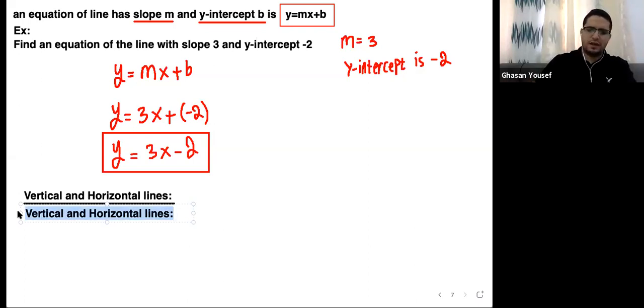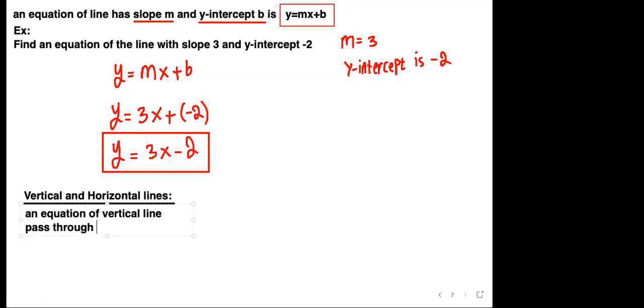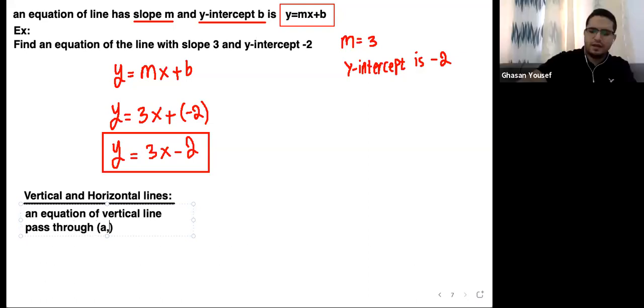An equation of a vertical line: if I have a vertical line that passes through the point A, B, what is the equation?